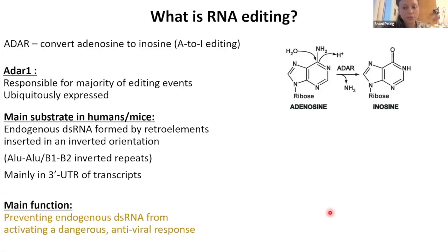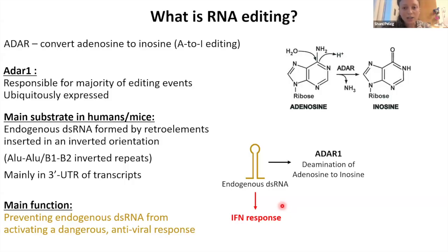Now, when these inverted repeats are transcribed, they form endogenous double-stranded RNA structures, which could be mistaken for viral double-stranded RNA. And this could lead to an antiviral interferon response, even though no such response is needed. And this is where ADAR comes in. ADAR destabilizes the endogenous double-stranded RNA structure and prevents an unnecessary immune response.